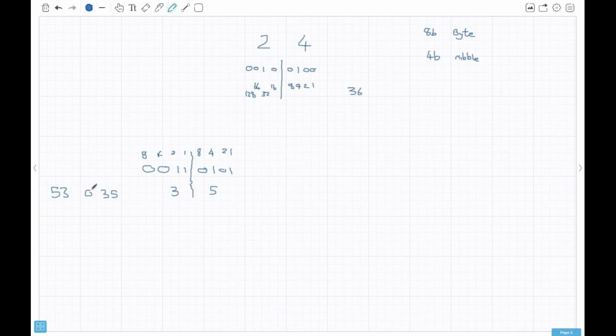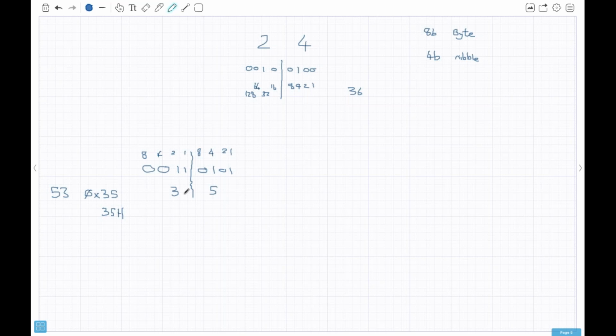Sometimes we write down 0x at the start, or you may see 35H, 35 hex written down. So 00110101, you may see a 0B at the start for binary, or you may just see a B at the end to show that it's binary, a lowercase b. So 53 is 35. Huh, go figure.